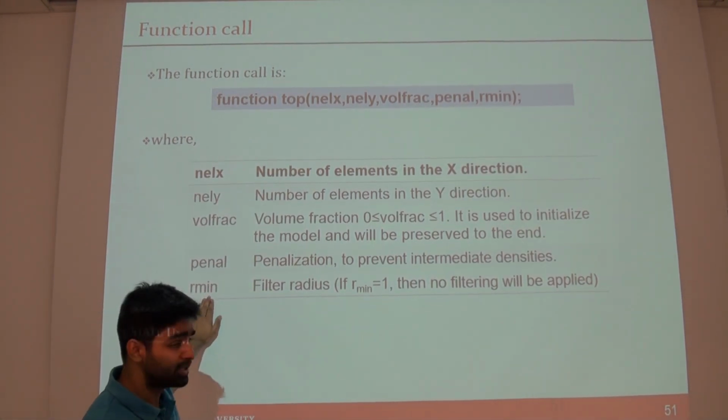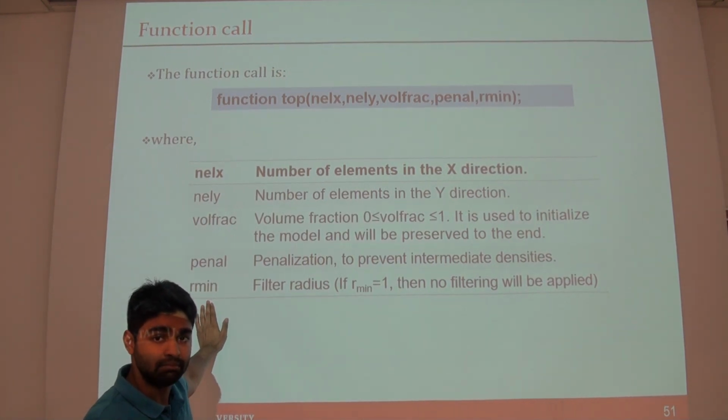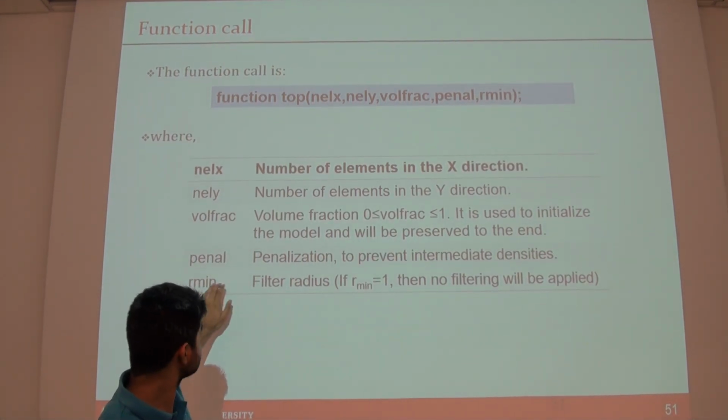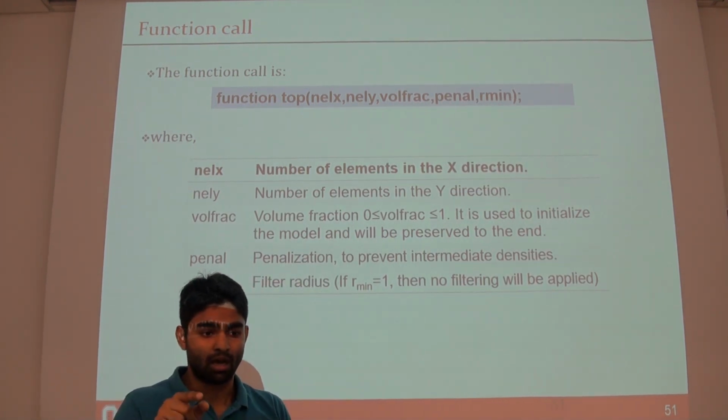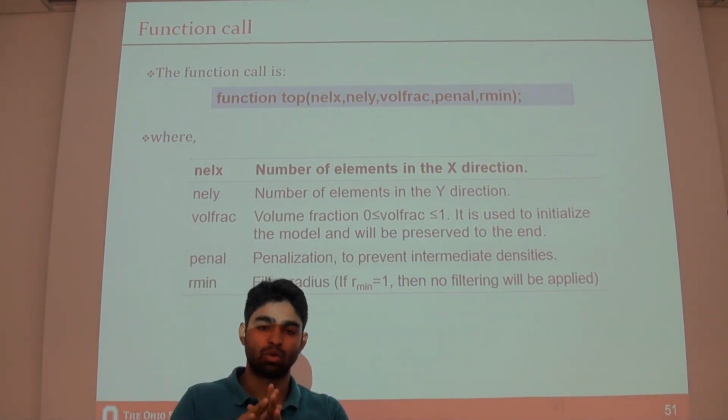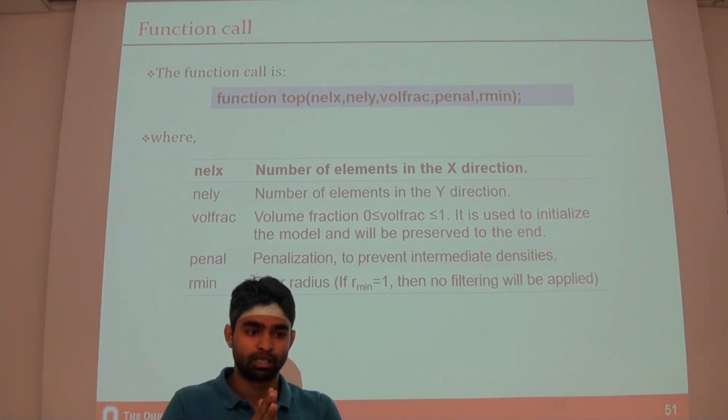This is something I will be talking about in a few minutes, but this is nothing but a radius of the circle under which all the densities would be smoothened.